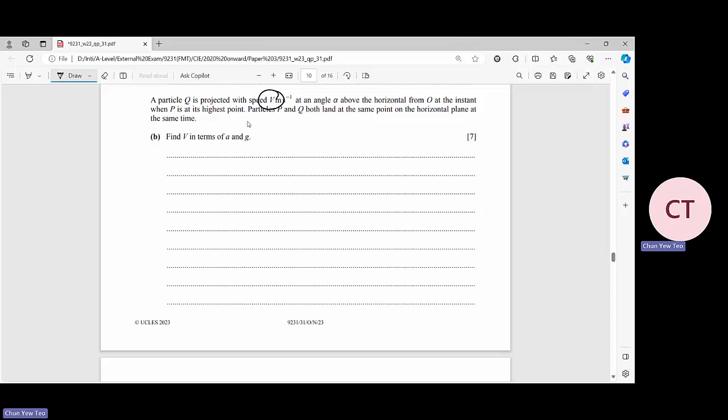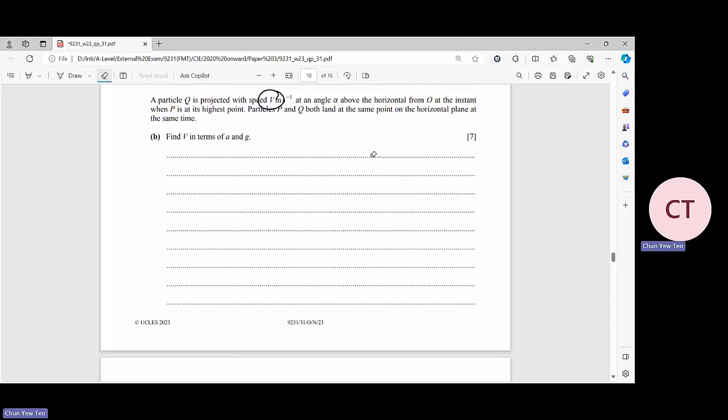Okay, the meaning is that we have a particle P projected, and when P reaches the maximum height, then Q starts to project with the angle alpha. Then they say that after this, they meet at the same point. They land at the same point at the same time. Okay, so that is the meaning of it.